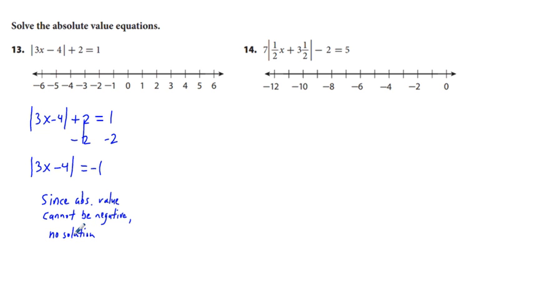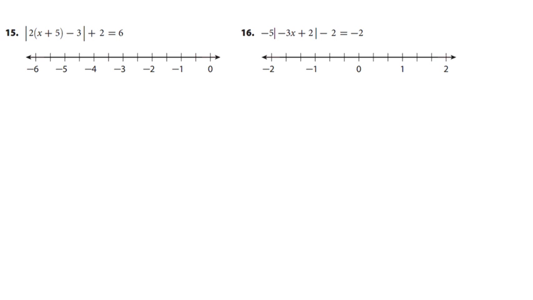I hope you'll notice that as far as the difficulty of this section, it's not hard at all, except for basic algebra skills and simplification skills.